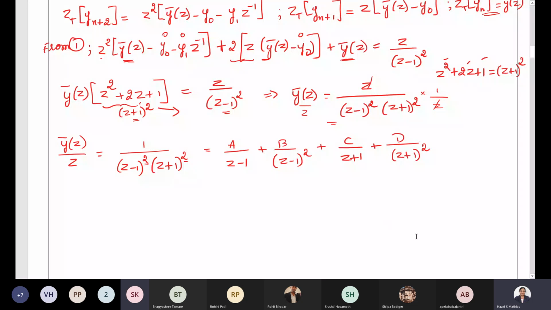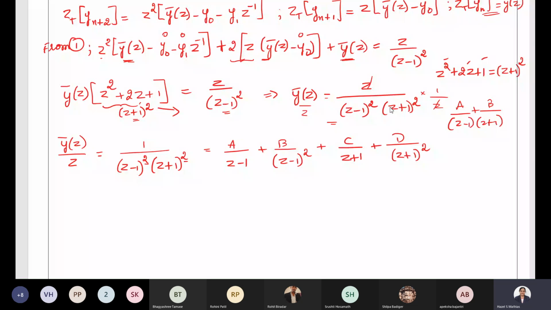This is how you split it. Those who have not learned the method of partial fractions properly in PUC, this is going to be a little difficult. When you have the product of linear factors, if it is simply z minus 1 into z plus 1, then it will be a by z plus 1 plus b by z minus 1, whatever.